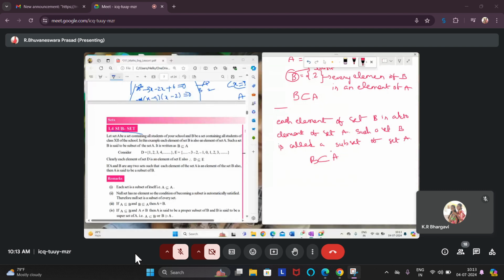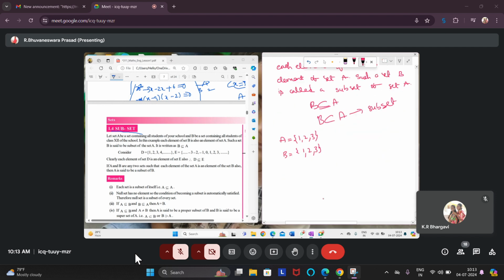When I am using this, sometimes I am also using subset or equals. Actually, B is a subset of A is the symbolic way. Subset or equals, for example: A equals {1, 2, 3}, B equals {1, 2, 3}, the same set.